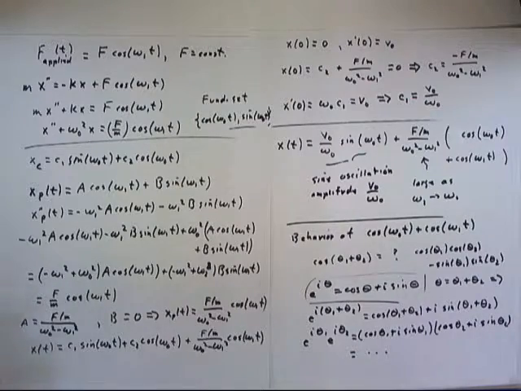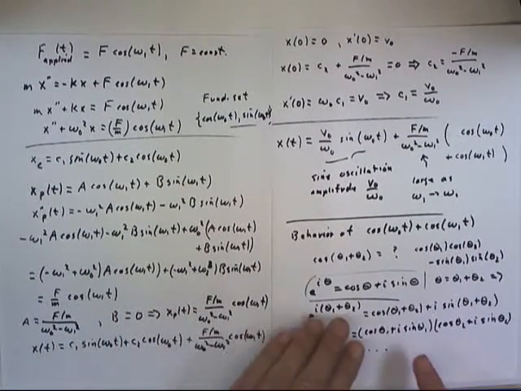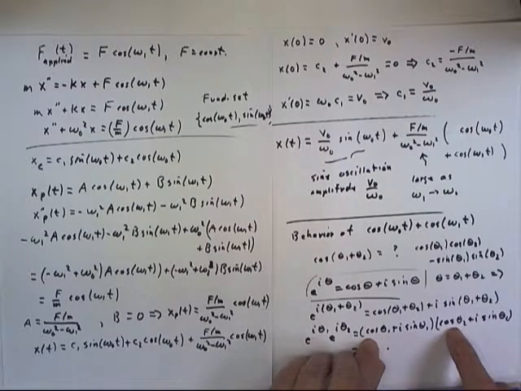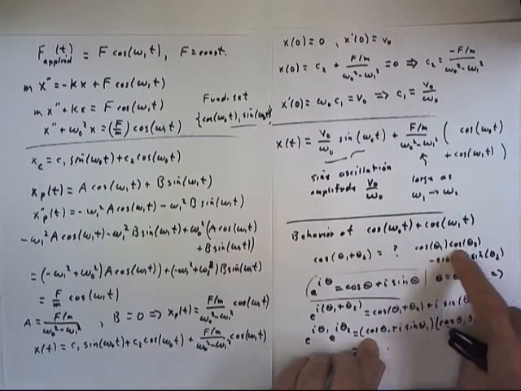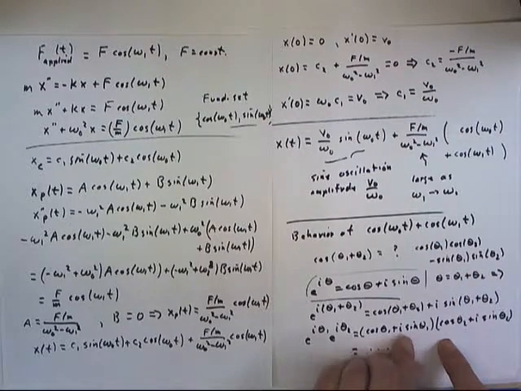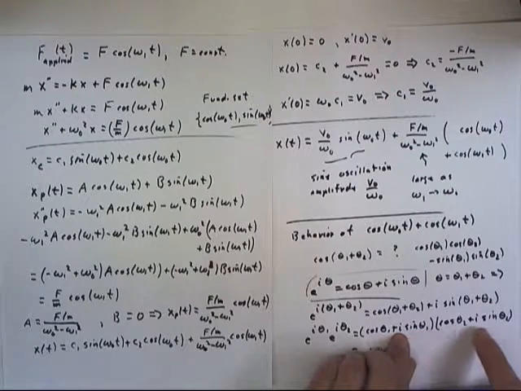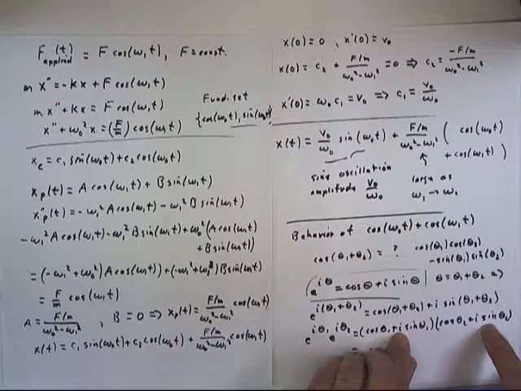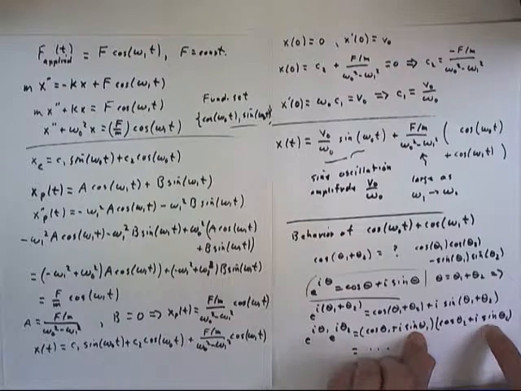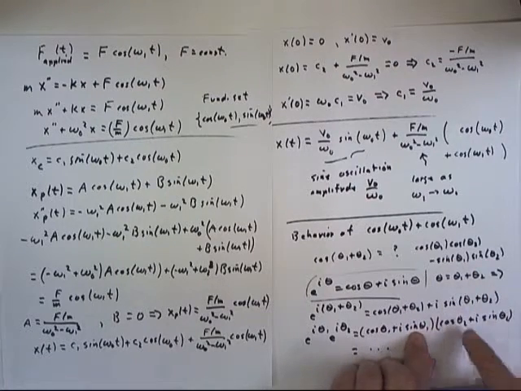It's very easy to see what the real part is. The real part is going to be cosine theta 1 cosine theta 2, which is what I wrote down here. And the imaginary part is going to be i sine theta 1 multiplied by i sine theta 2, which is negative sine theta 1 sine theta 2, which comes up here.